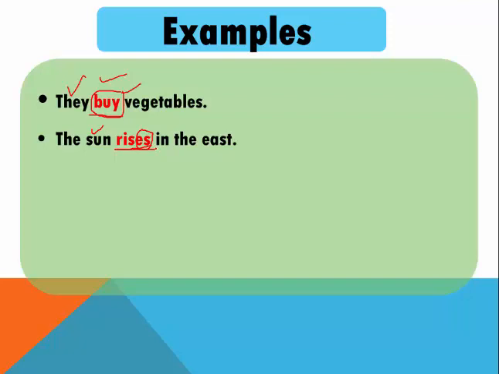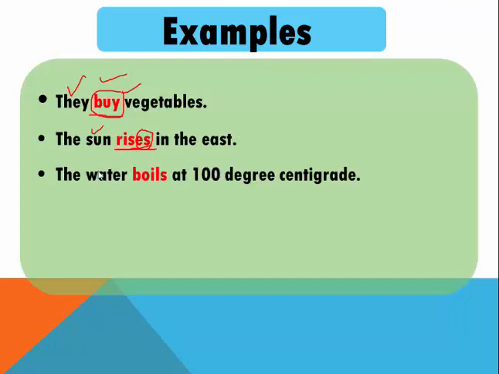First form, but singular form. The sun rises in the east. You have to remember this. Okay, the next, the water boils. It's an uncountable noun, and an uncountable noun takes a singular verb only. So the water boils at 100 degrees centigrade.